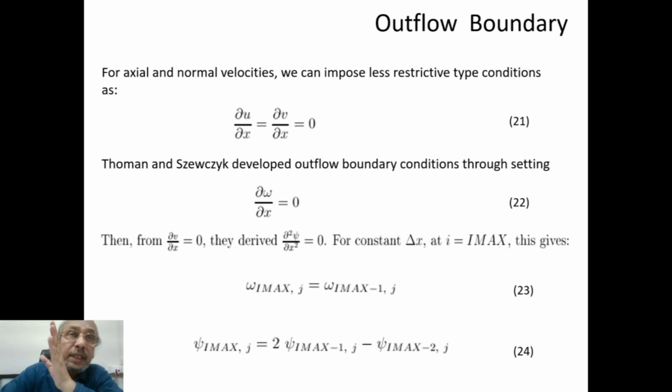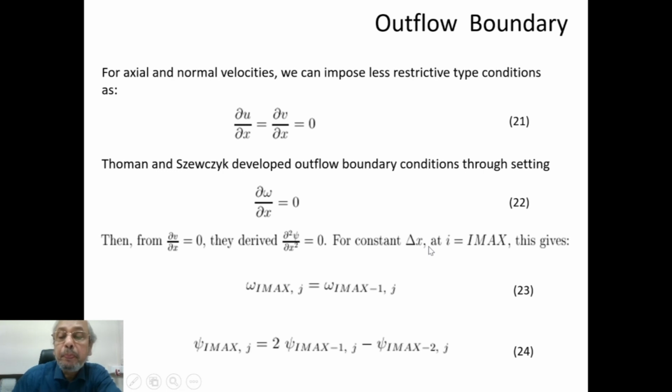So an exit boundary condition is needed, some value has to be given, but the value will pose least disturbance to the interior flow field. Then from del v del x equal to 0, they derive del 2 psi del x2 equal to 0.